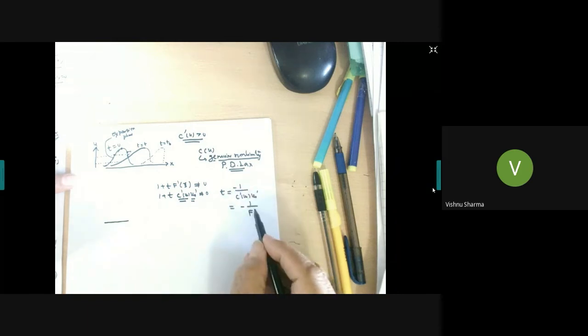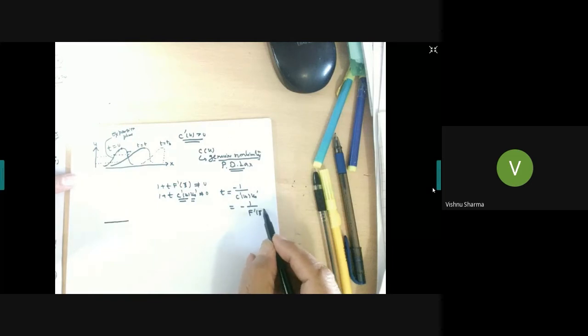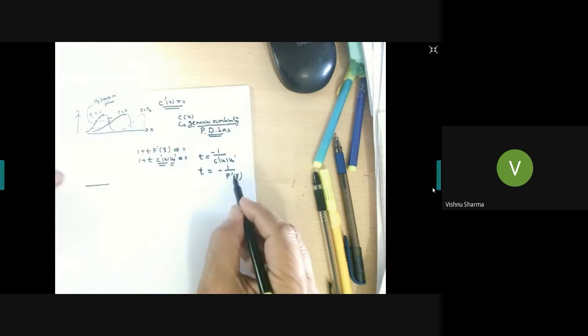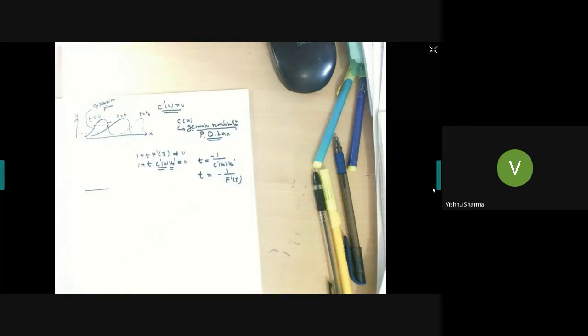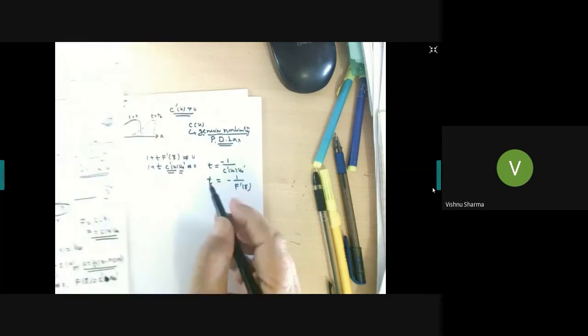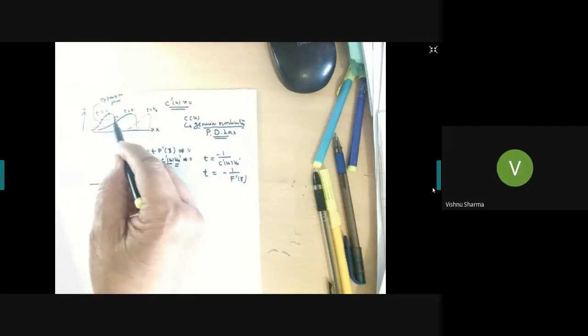This is nothing but minus 1 upon f dash xi. At this time, the solution breaks down. It's very clear from here that the solution will break down after a finite time, and this finite time is given by this expression.